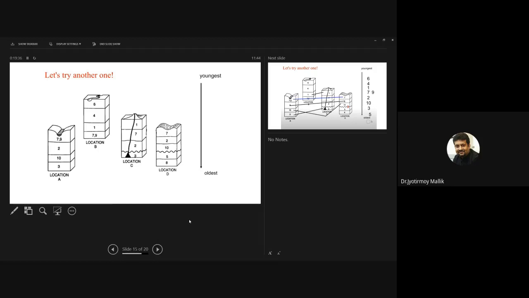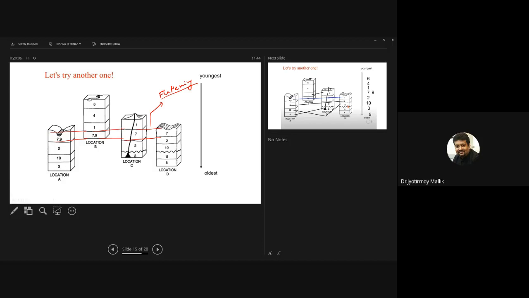And then what I can do is bring number 7 to the same level. Although they are at different depths, just for our convenience, we can bring them to the same level. And this bringing the same horizon to the same level is called flattening.